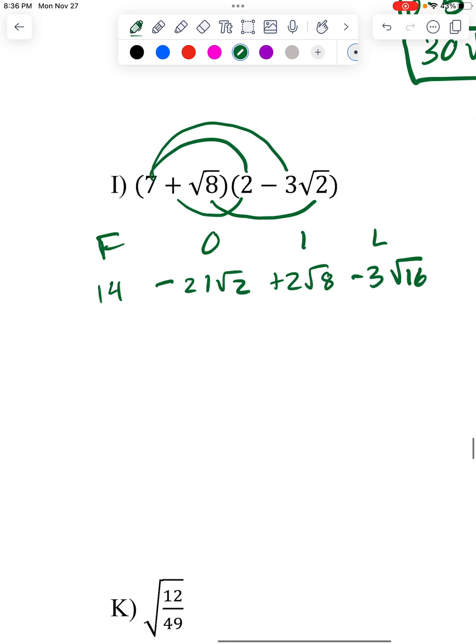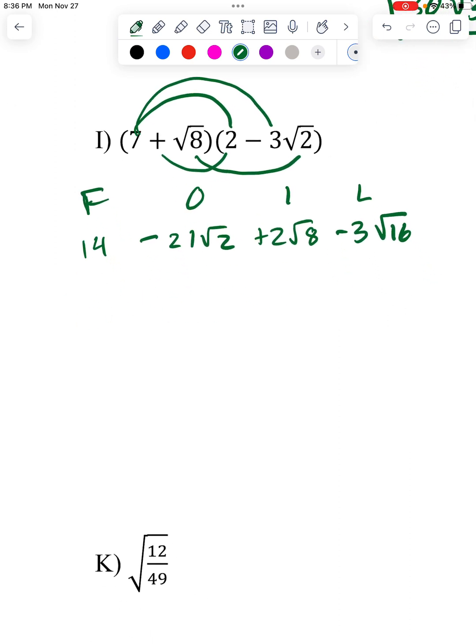But now that we did the foiling, we have to go through and look for any opportunity to simplify. So I can see that I have my 14. This one does not simplify because 2 is under the radical and it only breaks into 1 and 2, so there's no squares in it. 8 and 16 are a different story though. Here's my 8.